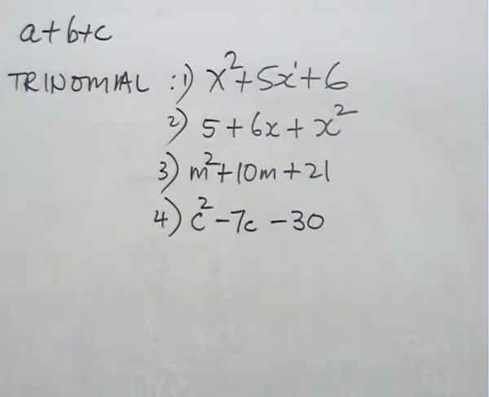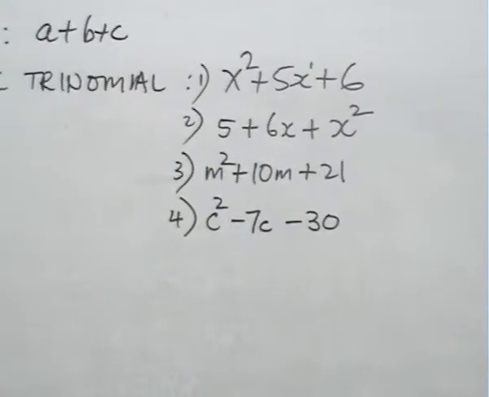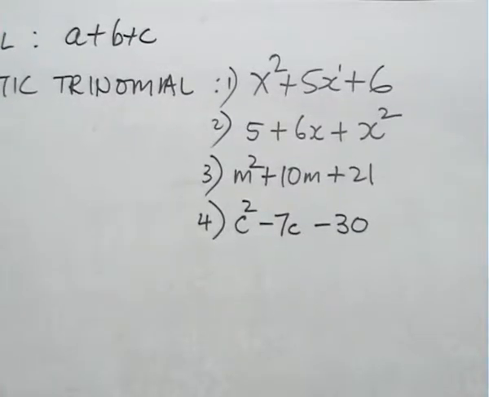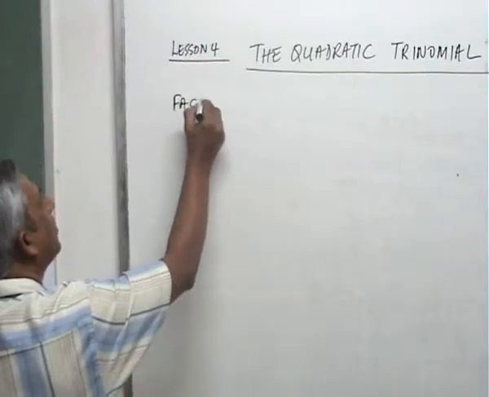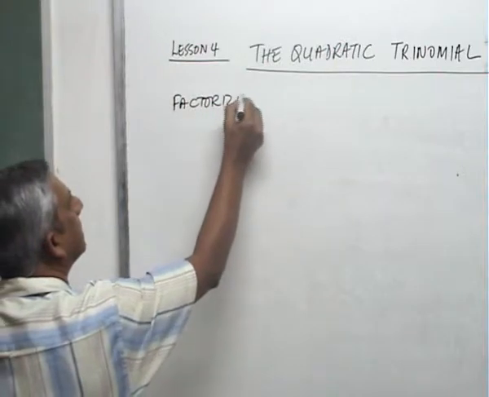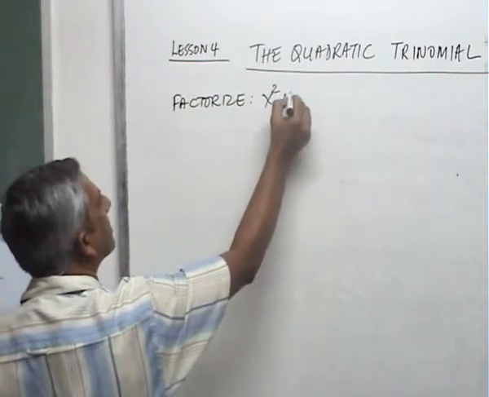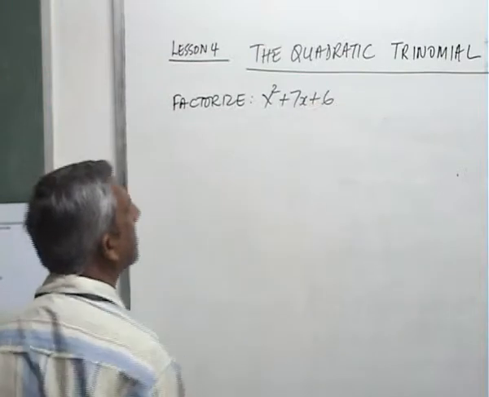Now if you want to factorize them, advice is always set it like this: x squared, x and number. If you're given an example like this, it's far better to set it like that and then work it out. Alright, so once we're clear about what a quadratic trinomial is, we can proceed. Suppose we told you factorize x squared plus 7x plus 6.